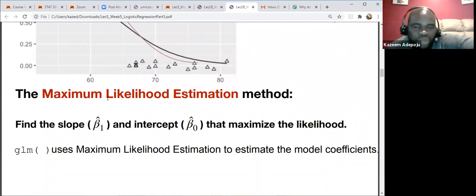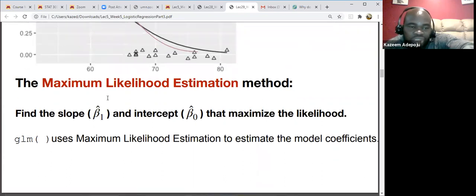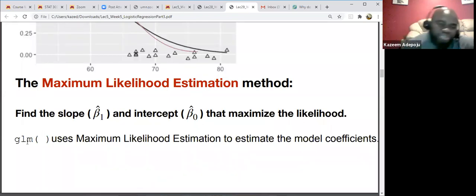When I talk about the maximum likelihood method, it means we want to find the slope and the intercept that maximize the likelihood, that maximize the probability. For us to do that, that is the reason why we're going to use GLM in the code. GLM uses maximum likelihood estimation to estimate the model coefficients.